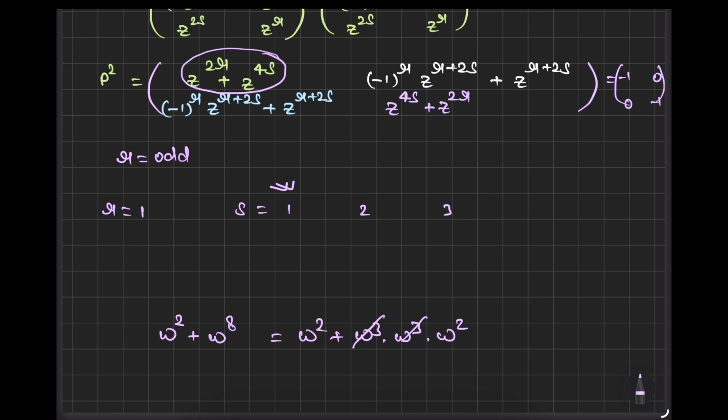This thing 1, this thing 1. So omega square plus omega square, 2 times omega square. And you know that you want minus 1. But omega square is not minus 1. So 2 is not the correct thing. Correct?